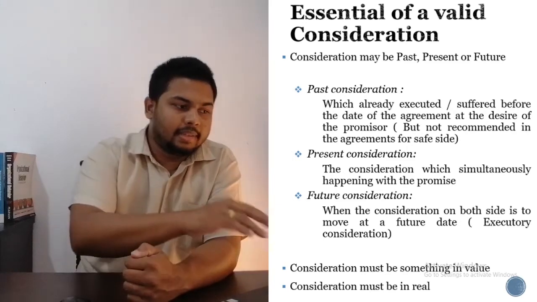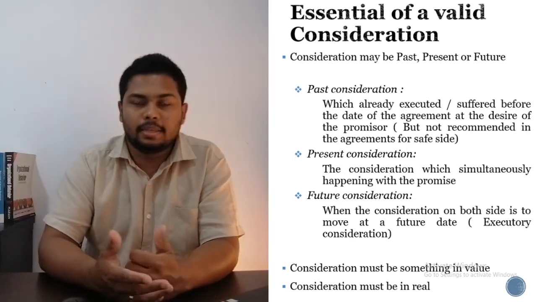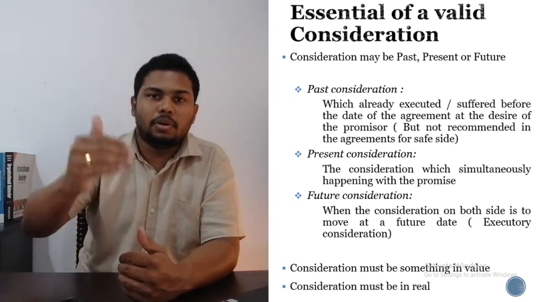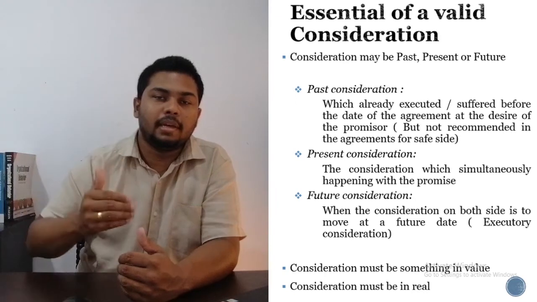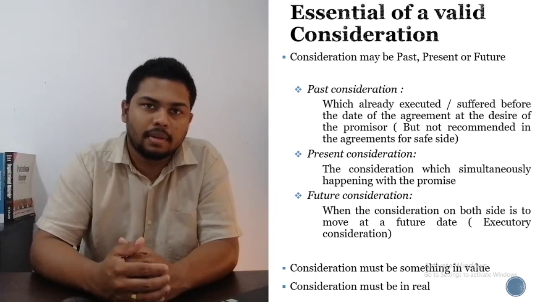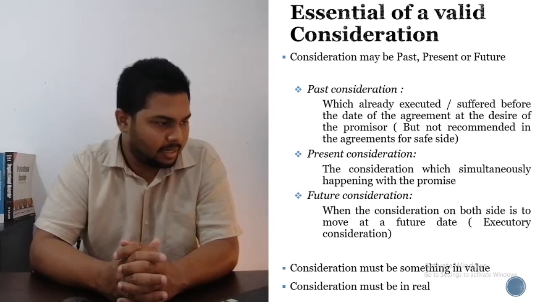When the consideration on both sides is to move at a future date, for example, you will pay this much sum to the other party, that is a future consideration, which is very precise and on the safe side.